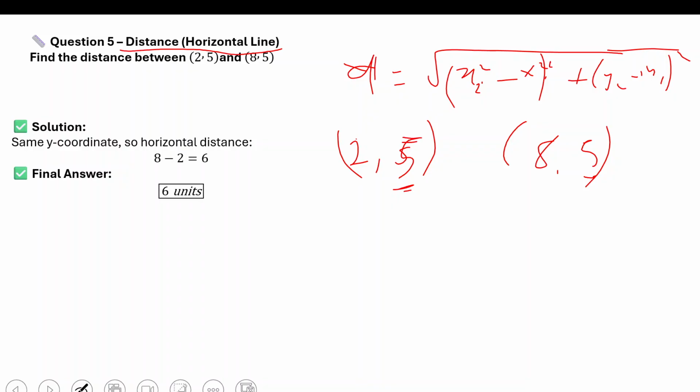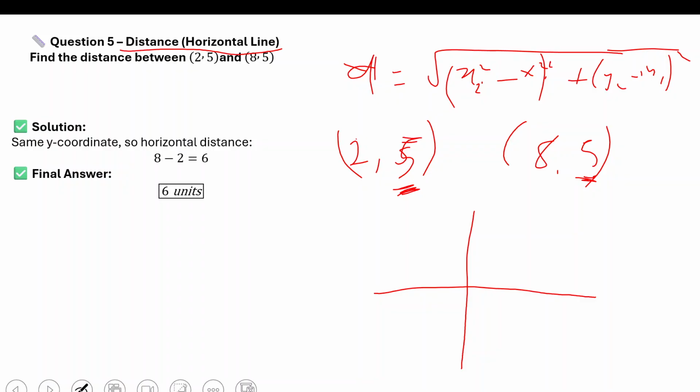Why? Because the y part is constant. So if I were to put this on the Cartesian plane, just watch. This is the Cartesian plane. The first point is 2 and 5.